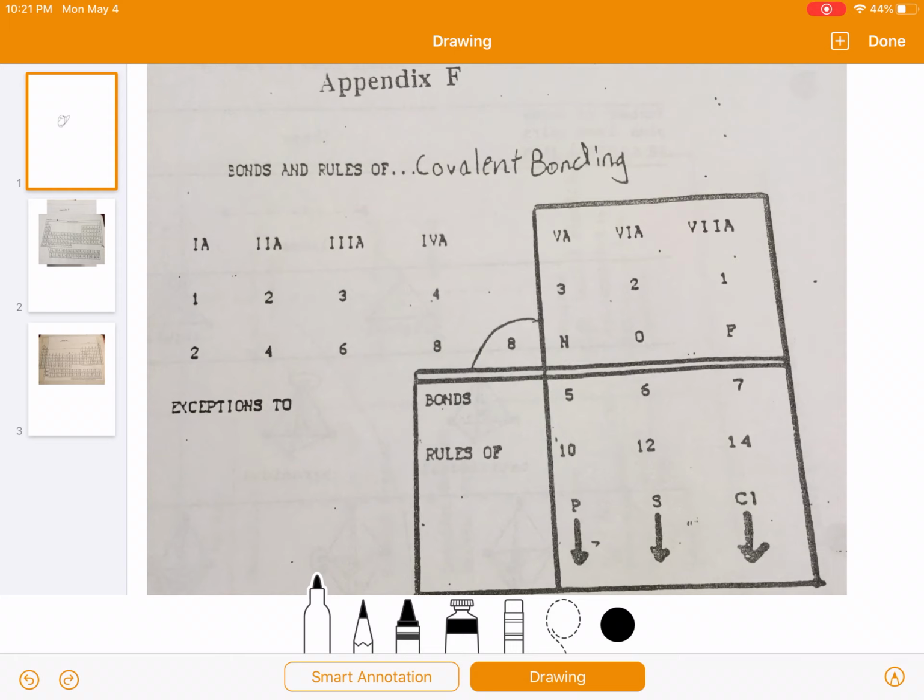So everything in group 1A must have 2 electrons around it when I am done. Group 2A must have 4 electrons around it when I am done. Group 3A must have 6 electrons. Group 4A, 8. And then when I look at groups 5, 6, and 7, they all want 8 electrons.